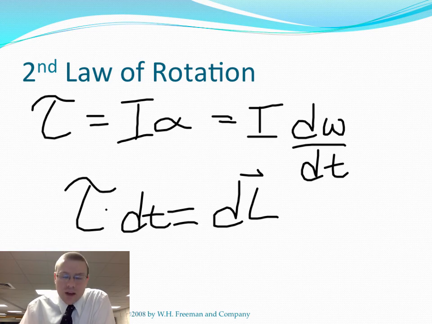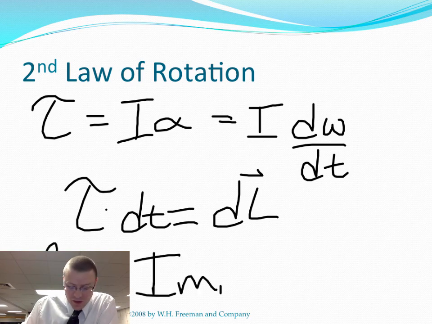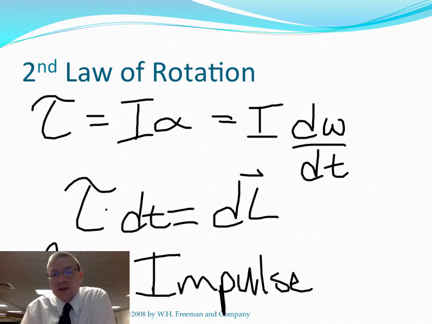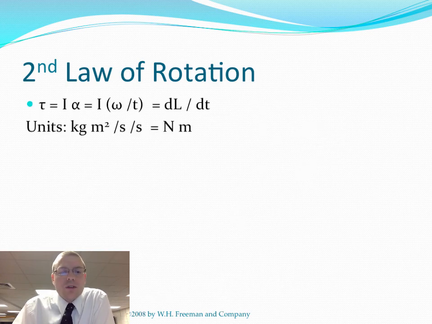So just like we had before with an impulse, a force times time, now we've got angular impulse. When you undergo an angular impulse, when a torque pushes on an object for a certain amount of time, what will change is the object's angular momentum. Also remember the units of torque.